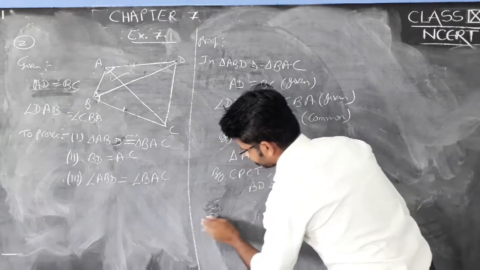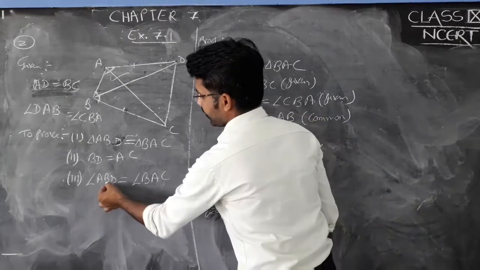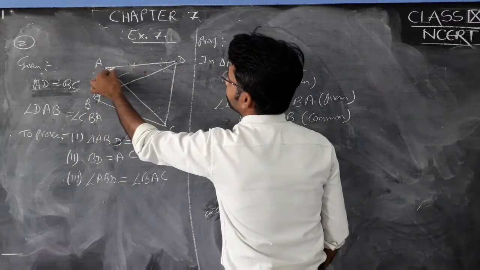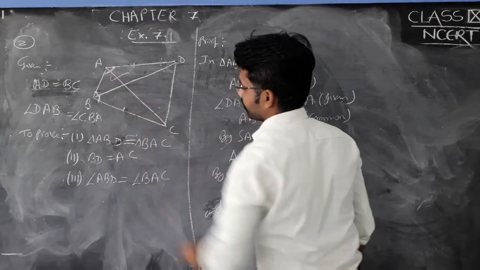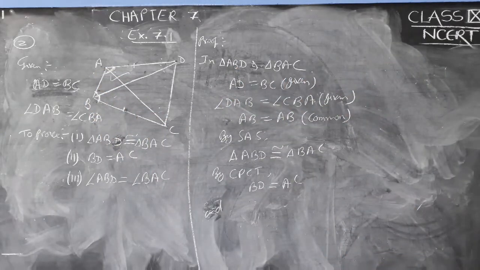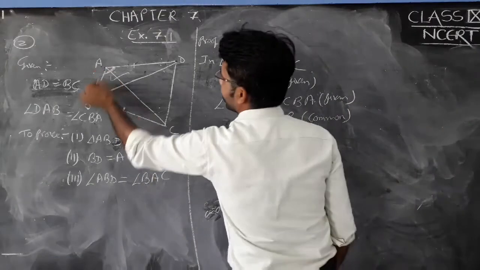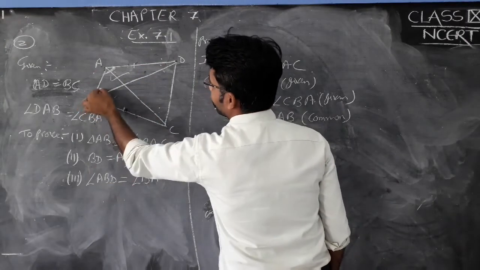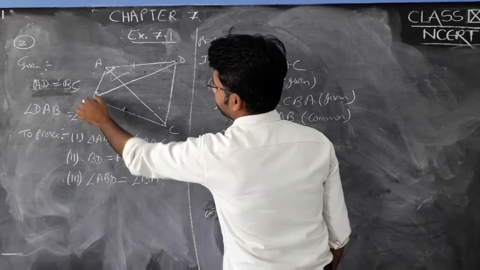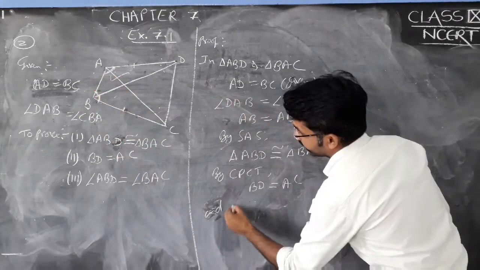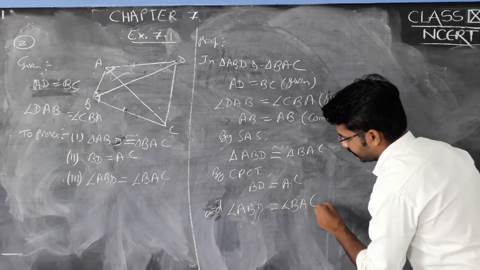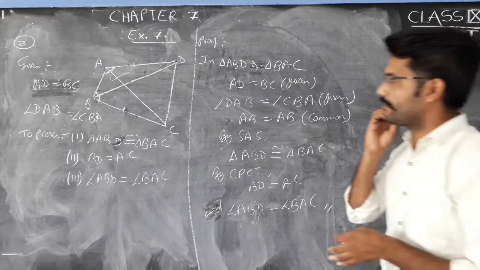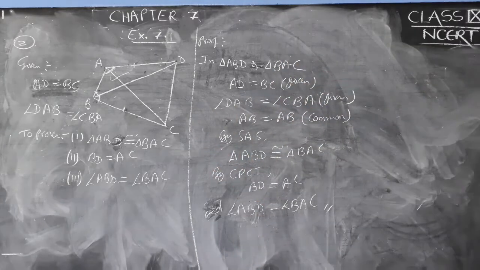And one more thing, angle ABD is part of the first triangle and angle BAC is part of the second triangle, so angle ABD equals angle BAC. So here we have shown whatever we have to show. Okay, this was question number 2.